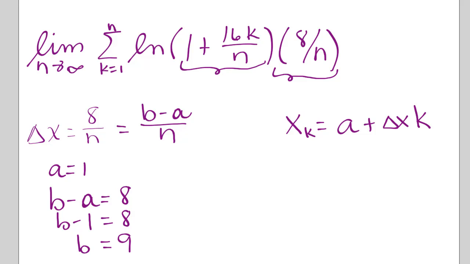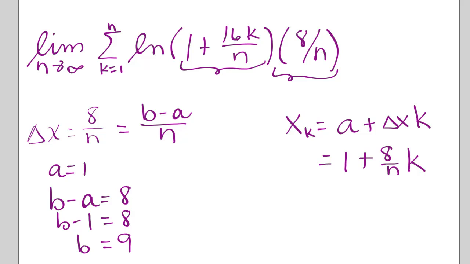Using the values that we've already determined, this would be 1 plus 8 over n times k. The problem with that is that that's not what's plugged into the natural log function.